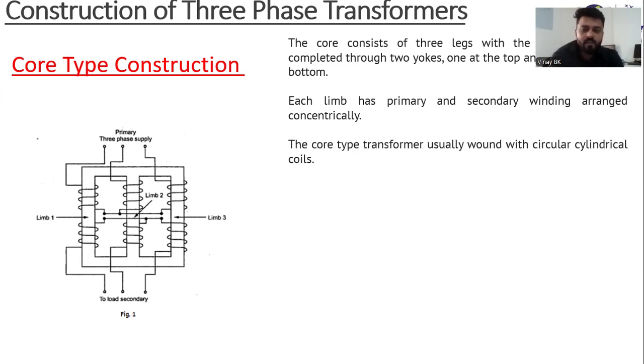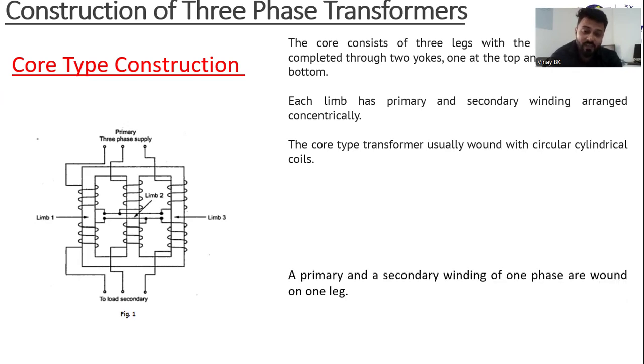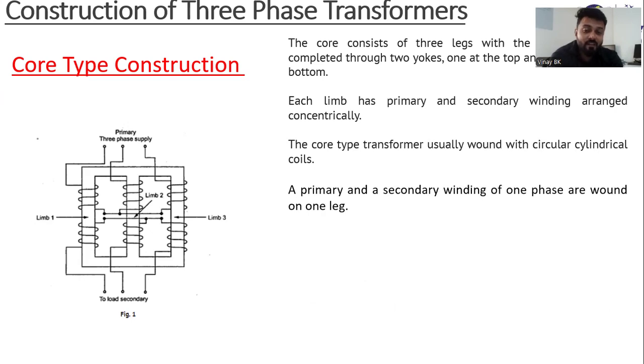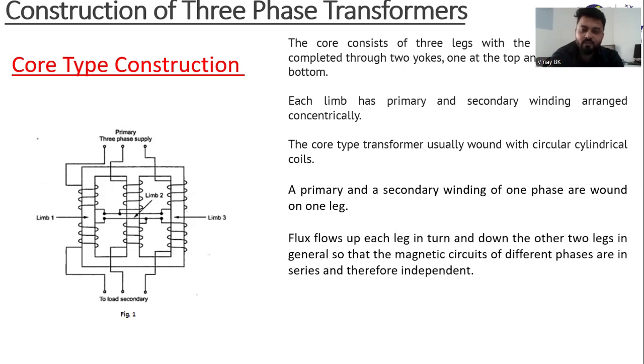The core type of transformer is usually wound with circular cylindrical coils, and the primary and secondary winding of one phase are wound on one leg. Means first they will wind the primary winding, then the insulated sheet, then the secondary winding in each leg, so that flux flows up each leg in turn and down the other two legs.